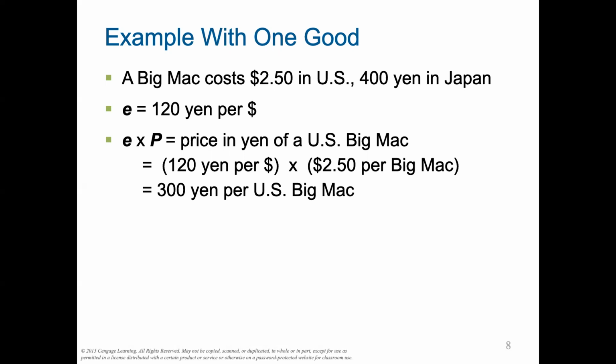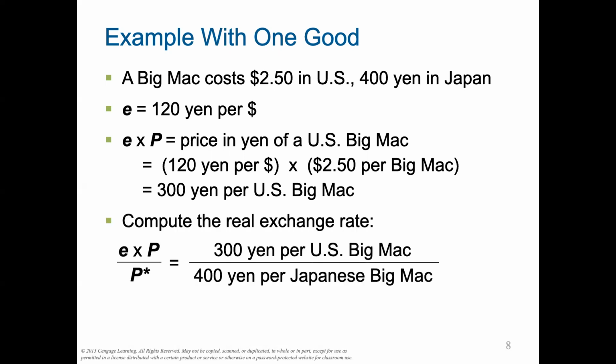Now, to compute the real exchange rate, we need to look at P*, the price of a Japanese Big Mac. We already have the 300 yen because we calculated E times P. And now we're going to divide it by P with the asterisk, which is 400 yen.